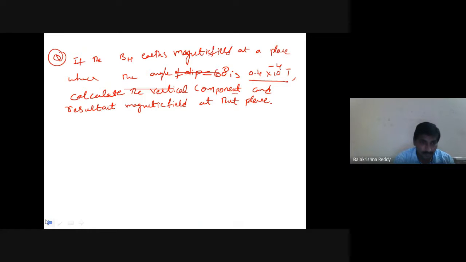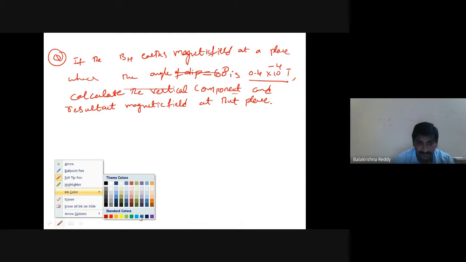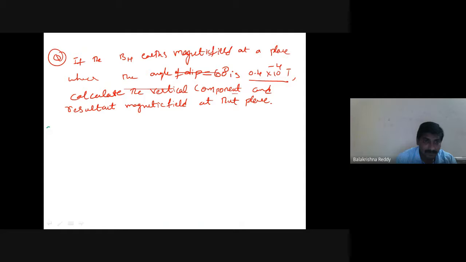Now, what is the difference between the previous question and this question? In the previous question, we found the magnetic field. Now they have given BH equal to 0.4 into 10 to the power minus 4 Tesla, and the angle of dip is also given, 60 degrees.